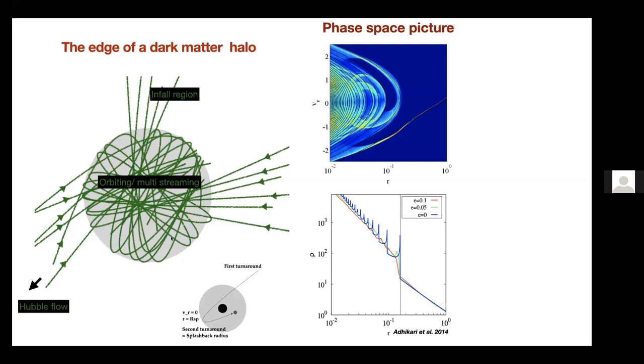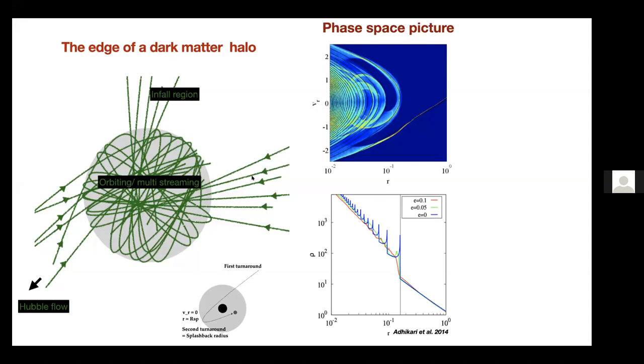It's a surface made of the most recently accreted matter, composed of the apocenters of the most recently accreted matter that falls into the halo. So outside of that, there's no other particle or halo that has been on any orbit inside the halo.